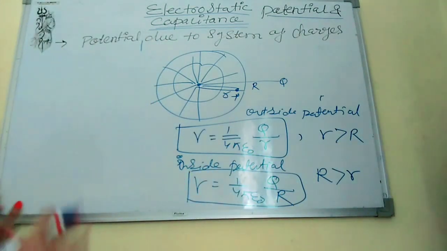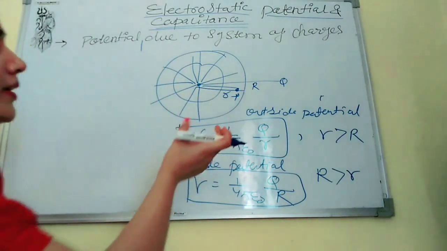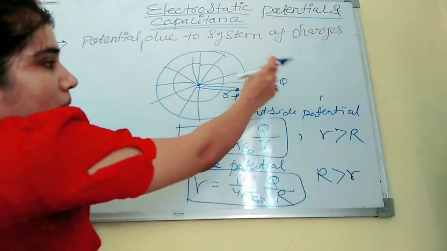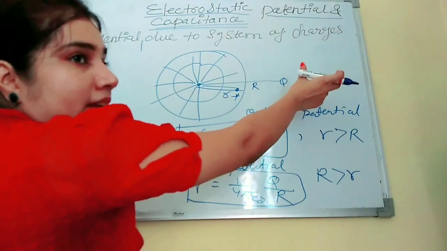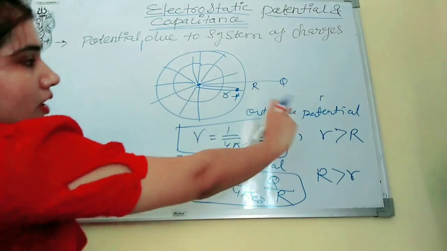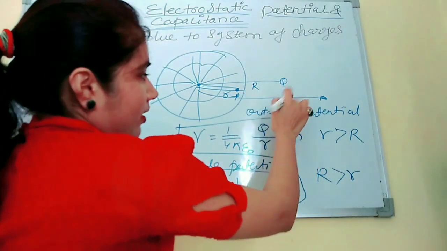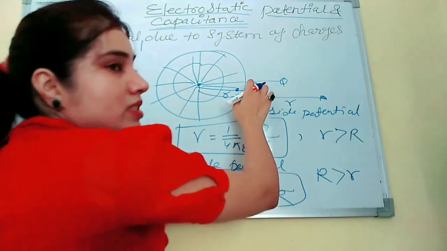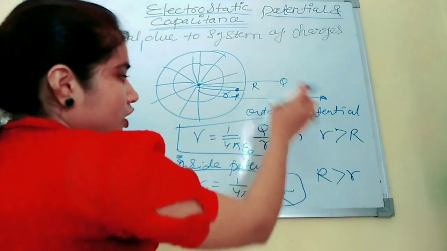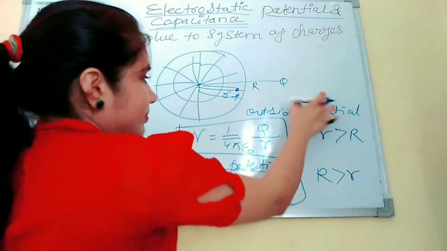When the charges are distributed uniformly and we want the potential outside the shell, we consider this r, which is greater than capital R, so we take r.